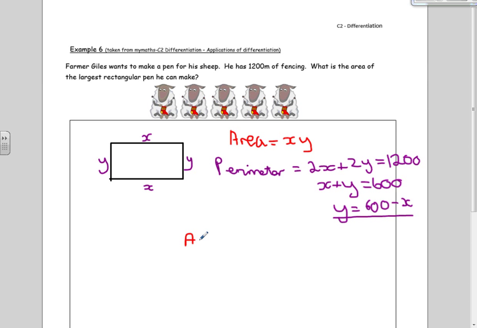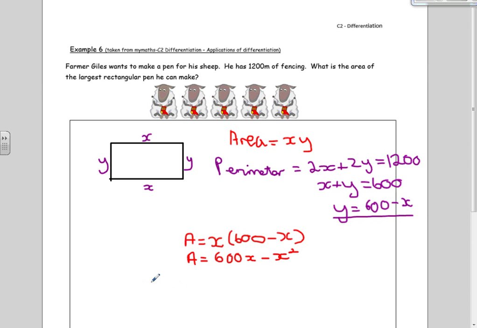So that would give us area equal to x, lots of 600 minus x. And then I can expand that. So A would be equal to 600x minus x squared.